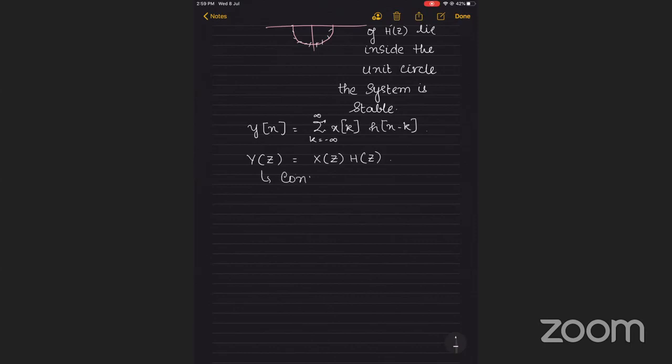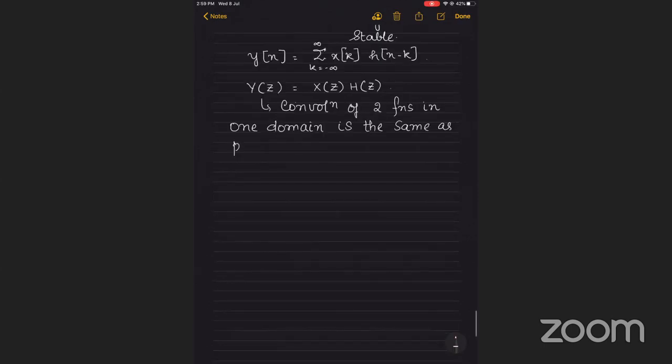So we'll write this: convolution of two functions in one domain is the same as polynomial multiplication in another domain.